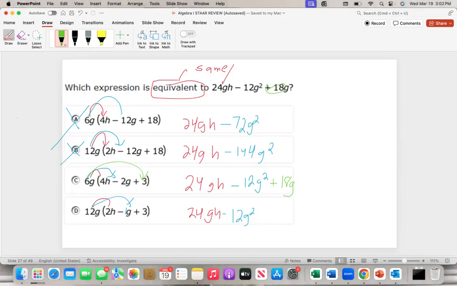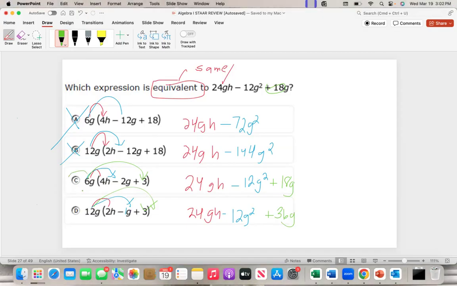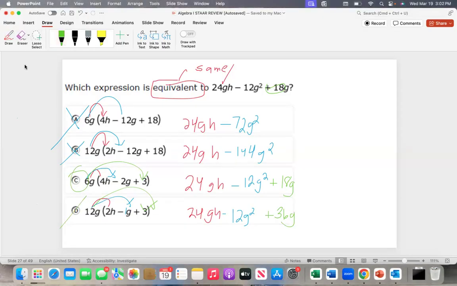And then last but not least, we have 12 times 3, which is, you're right, 36. And that's not an 18. So our final answer here is answer choice C. This was one of those questions we could not use Desmos simply because we have two different variables. So we had to use our process of elimination to answer this problem.